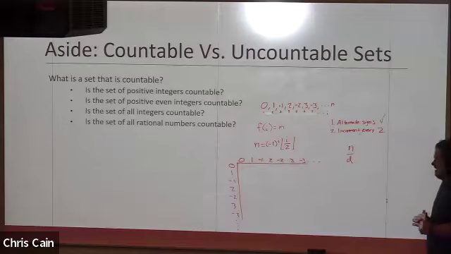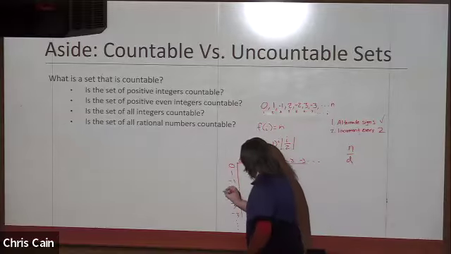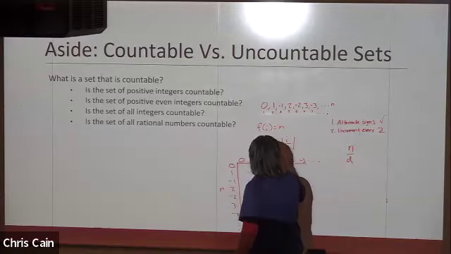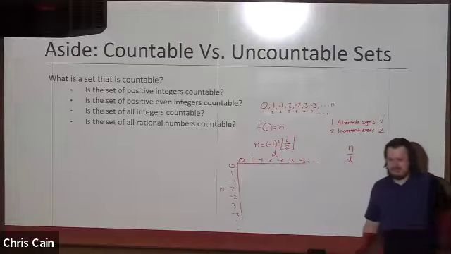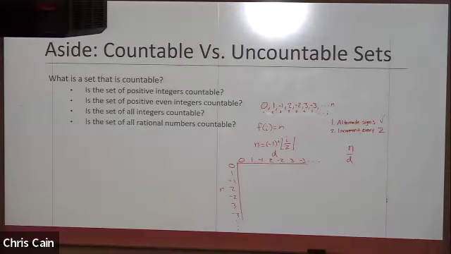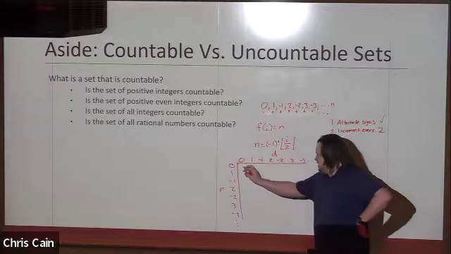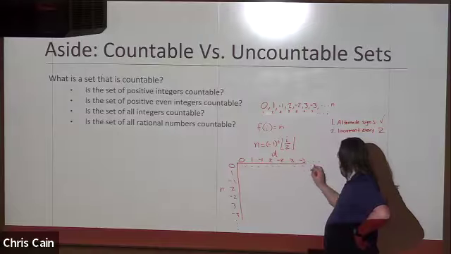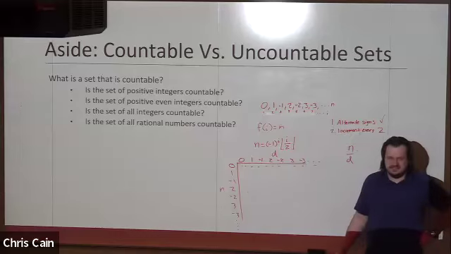Do we agree that we could basically have the row represent the numerator, the column represent the denominator? Is every rational number somewhere in this infinite table? The issue is, we start iterating the first row, we never get to the second row.